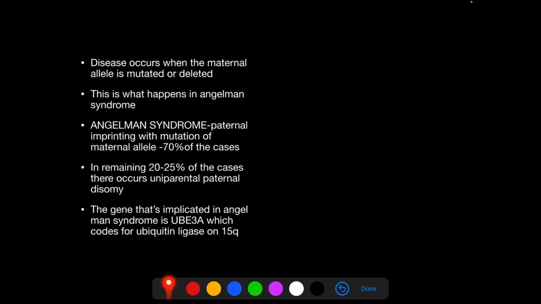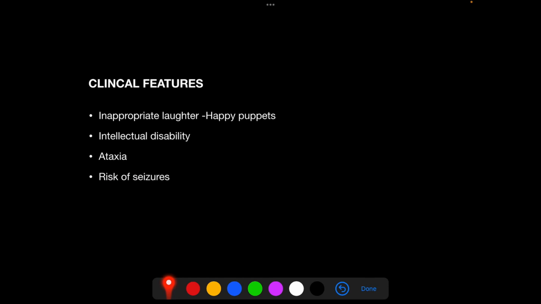The gene that is responsible for Angelman syndrome is UBE3A, which codes for ubiquitin ligase, which is present on the long arm of the chromosome 15. Now let's look at the clinical features of the Angelman syndrome.